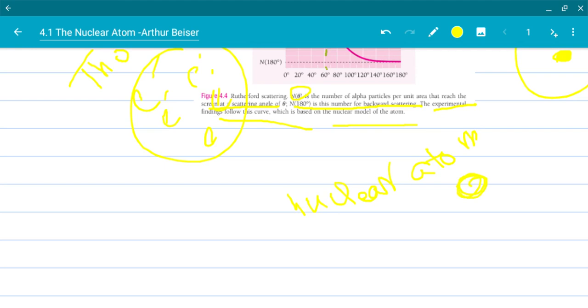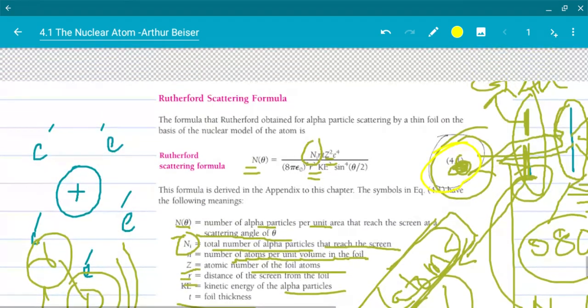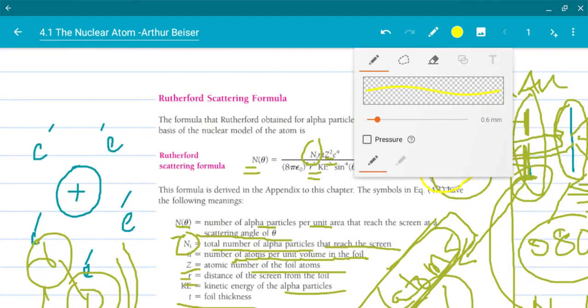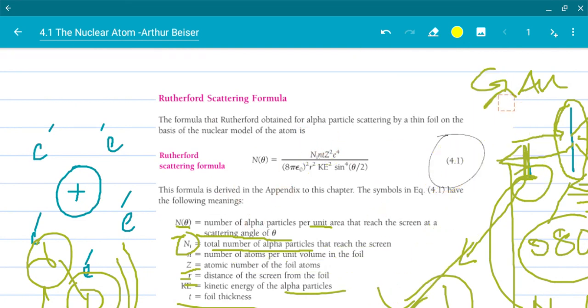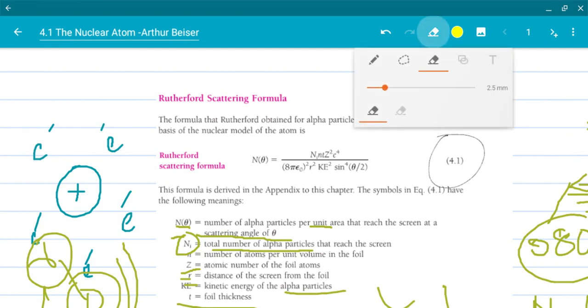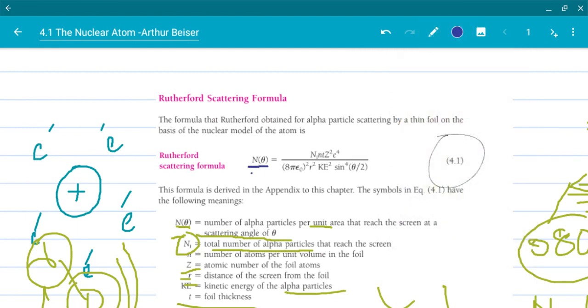Also notice that N theta is inversely proportional to this, right? Pause it and observe it.